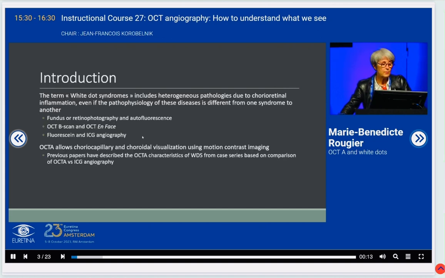The term white dot syndromes includes heterogeneous pathologies due to chorioretinal inflammation, even if the pathophysiology of these diseases is different from one syndrome to another. Up until these last years, the diagnosis of white dot syndromes was based on fundus photography and autofluorescence, OCT B-scan and OCT en face, and of course, fluorescein and ICG angiography.